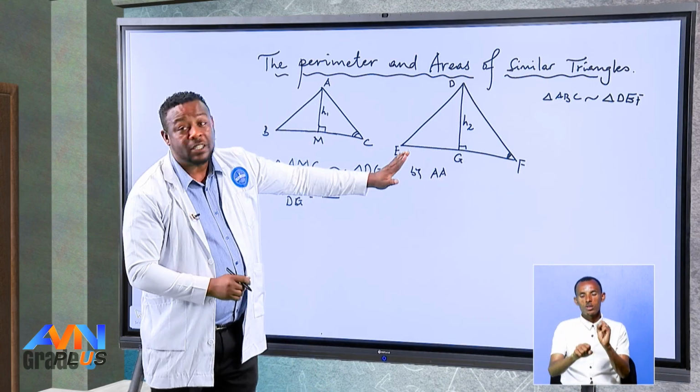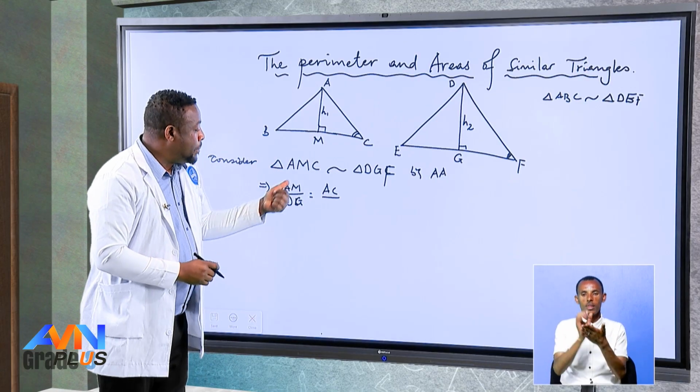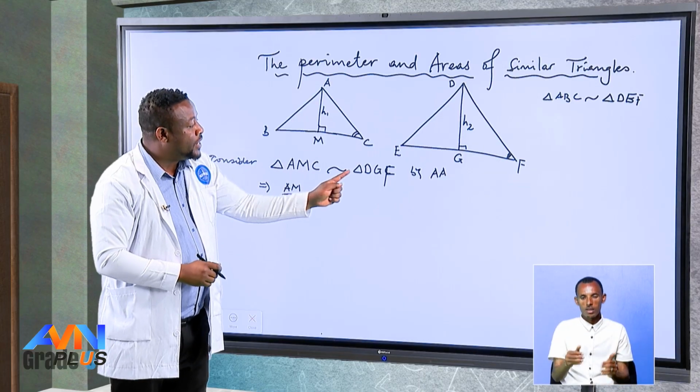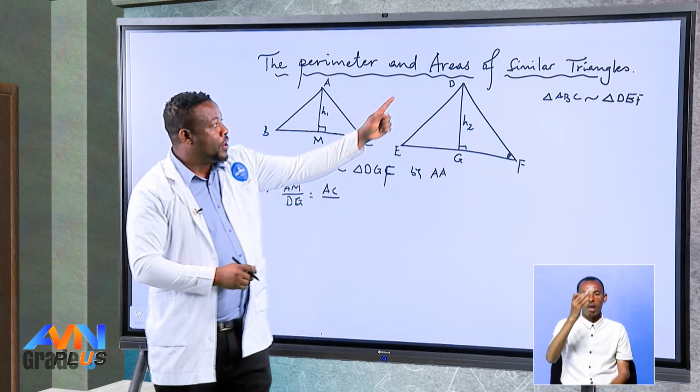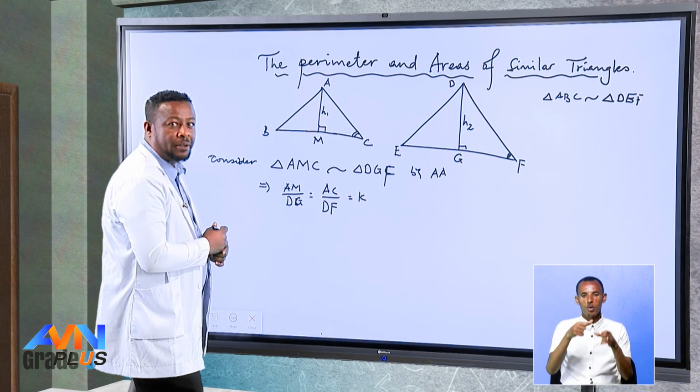This happens by angle similarity. So from this we can take that AM over DG is the same as AC over DF, okay? So these are the same, and this is a certain constant K.